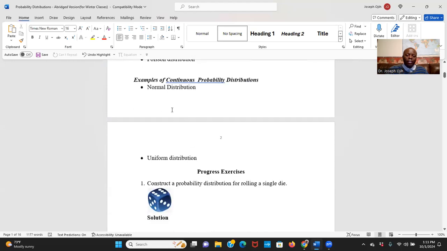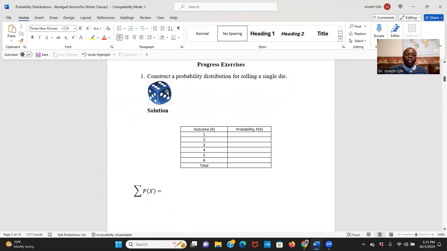So constructing a probability distribution for rolling a single dice means all the outcomes of a dice plus their corresponding probabilities.